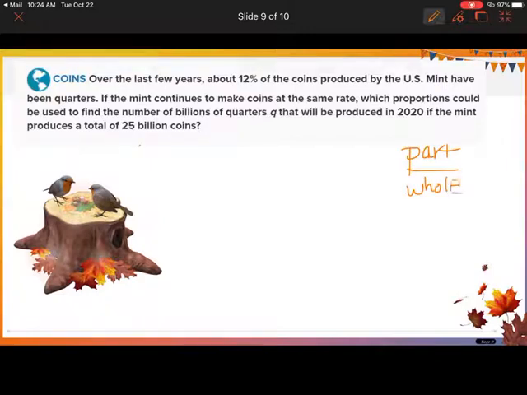So we have to decide if this 25 billion is the part or the whole. It says a total, so it's a whole. So 25 is going to go on the bottom. Quarters will go on the top, Q. And then 12%. So percent is always a proportion, and it's always just over 100.